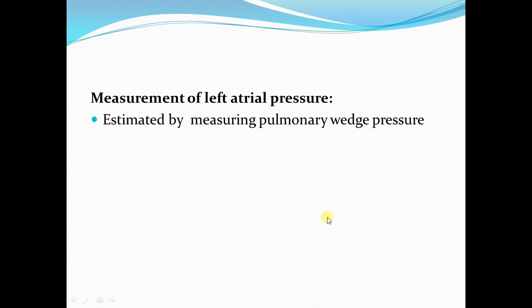So, it can be estimated by measuring the pulmonary wedge pressure. I am repeating that it is not feasible to measure the left atrial pressure by a direct pressure measuring device, but we can estimate it by measuring the pulmonary wedge pressure.